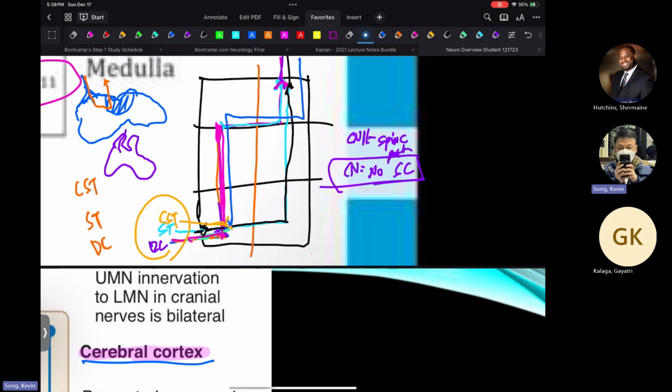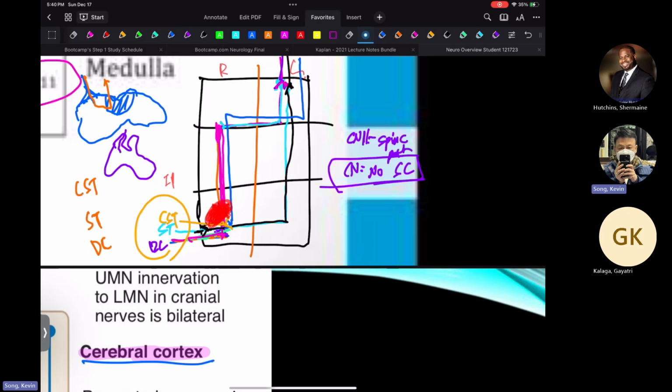Let's start with the dorsal column. If the cut is right here in the spinal cord, say this is the right and then left.